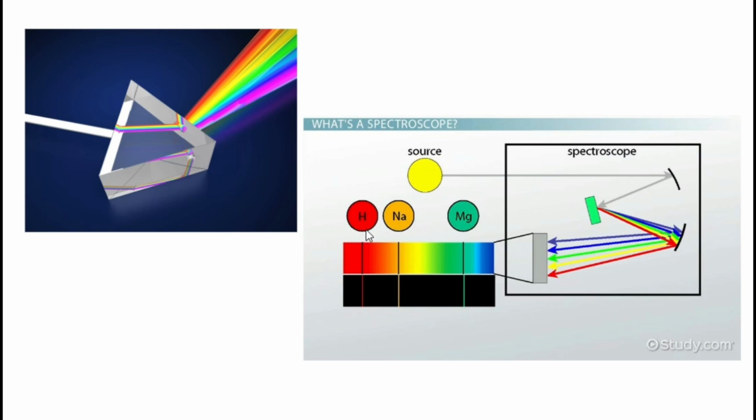So for example, your hydrogen is under this region, color red. Your sodium is under the orange region, and then magnesium, for example, is under the blue-green region. So in summary again, each of the analytes will have their own specific wavelength that we will need to input in our spectrophotometry machine.